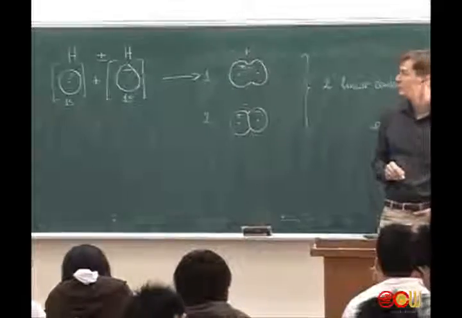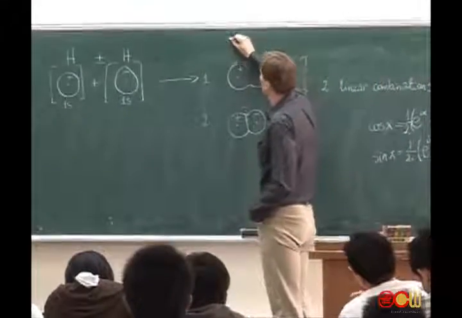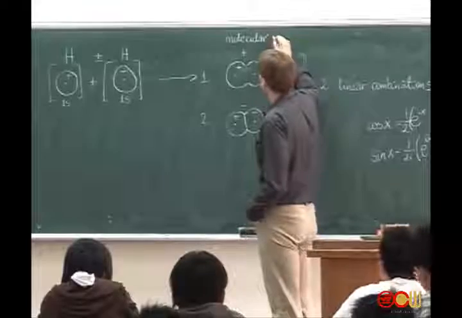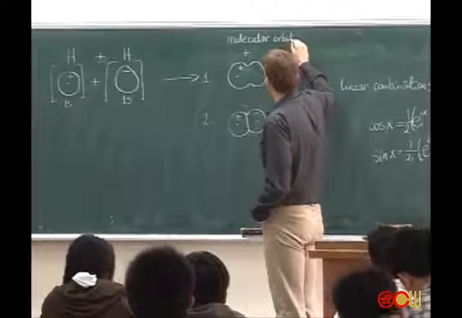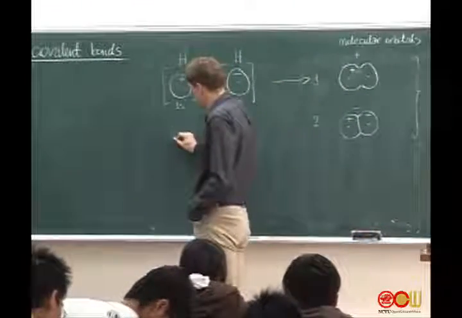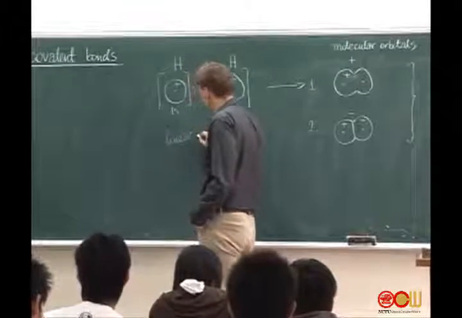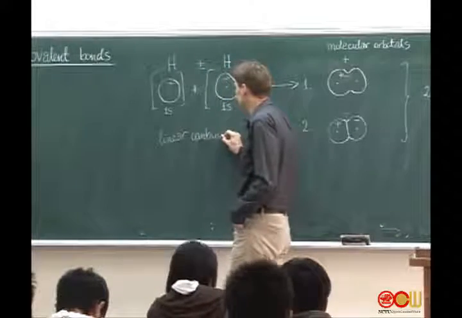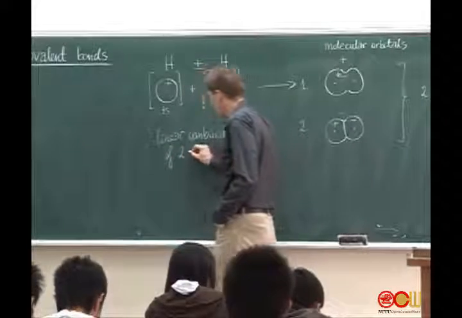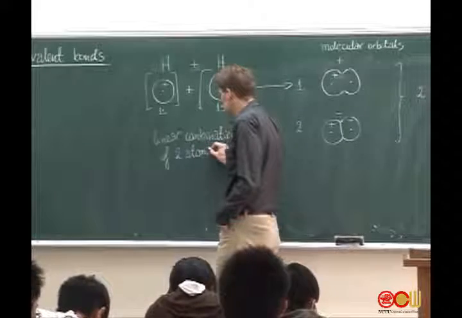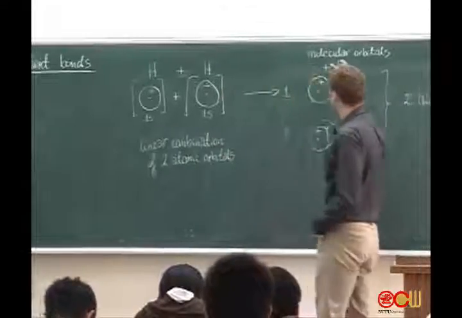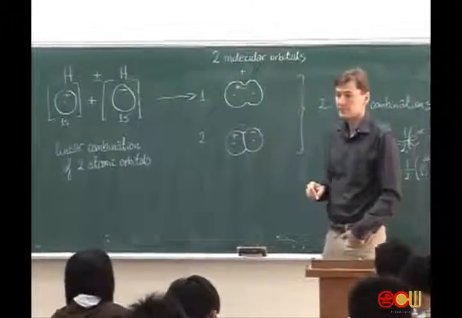So we get two molecular orbitals. So, linear combination of two atomic orbitals gives me two molecular orbitals.